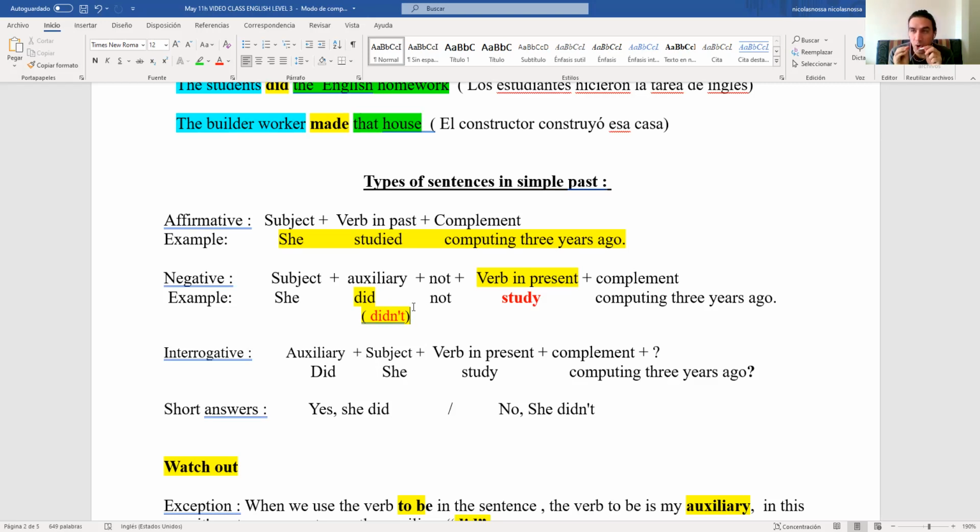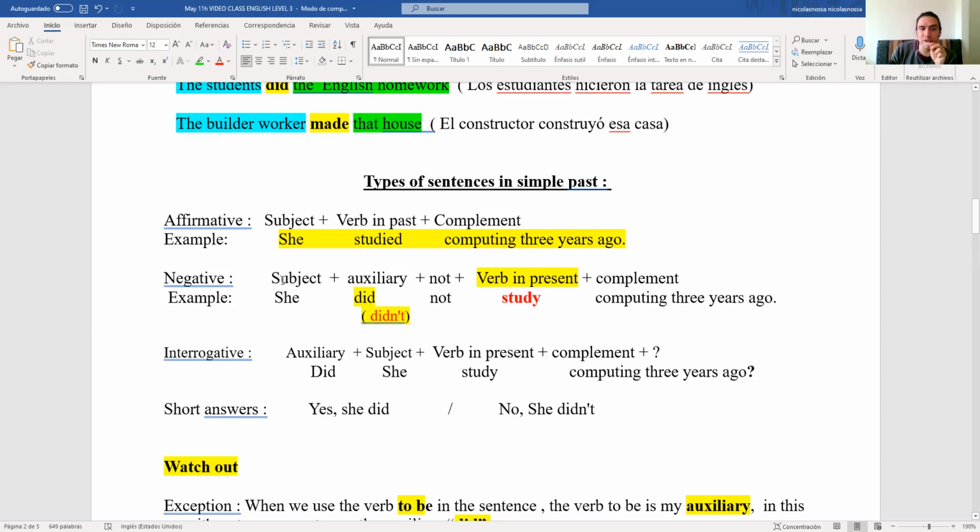Always, always, always, to make negative and interrogative sentences, we need an auxiliary in English, okay? Don't forget that. It's an obligation to use auxiliaries for negatives and questions, okay? So be careful with that, okay?